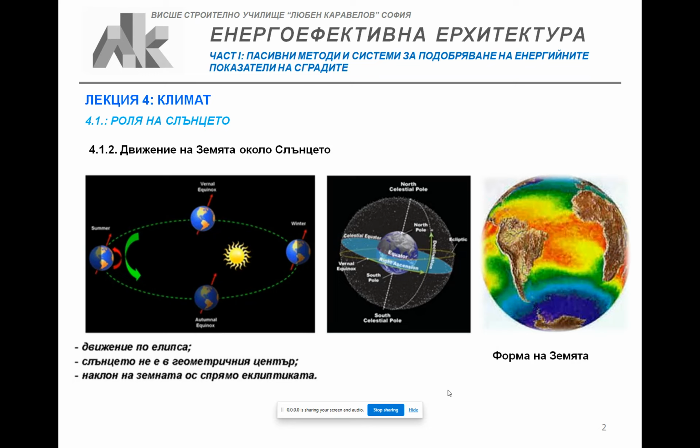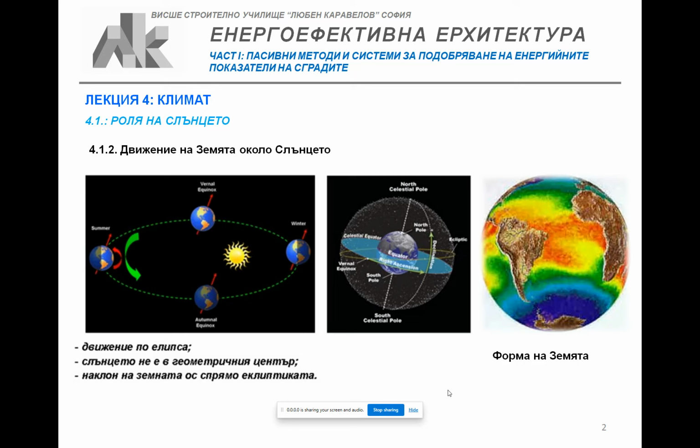The second factor is that the axis of the Earth is inclined towards the plane in which the Earth circles around the Sun. And the third factor is the form of the Earth, which is not exactly spherical. It's something called a geoid. It's a little squeezed at the poles.